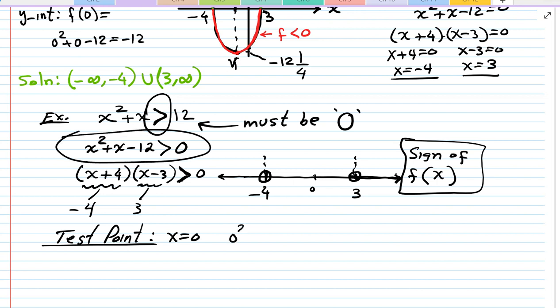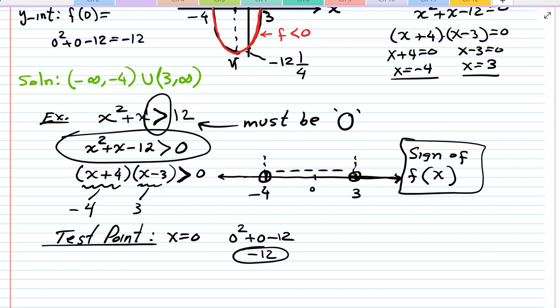So I'm going to get 0 squared plus 0 minus 12, and that is negative 12, right? Now we don't care about the magnitude of that number as much as we care about the sign. Negative, right? So I'm going to put negatives all along here.